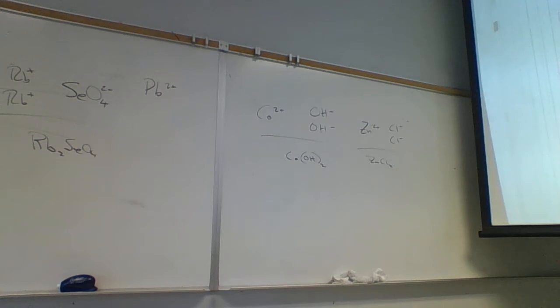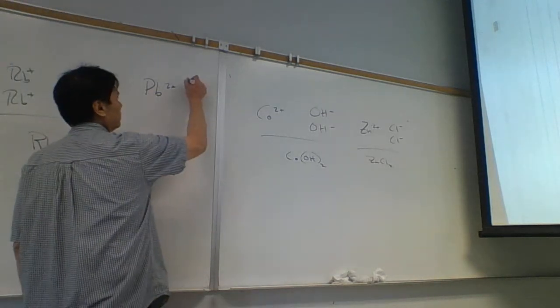Like carbon, carbon could be 2 in carbon monoxide, or it could be 4 in carbon dioxide. Anyway, this is lead 2 nitrate. What's the formula for nitrate?